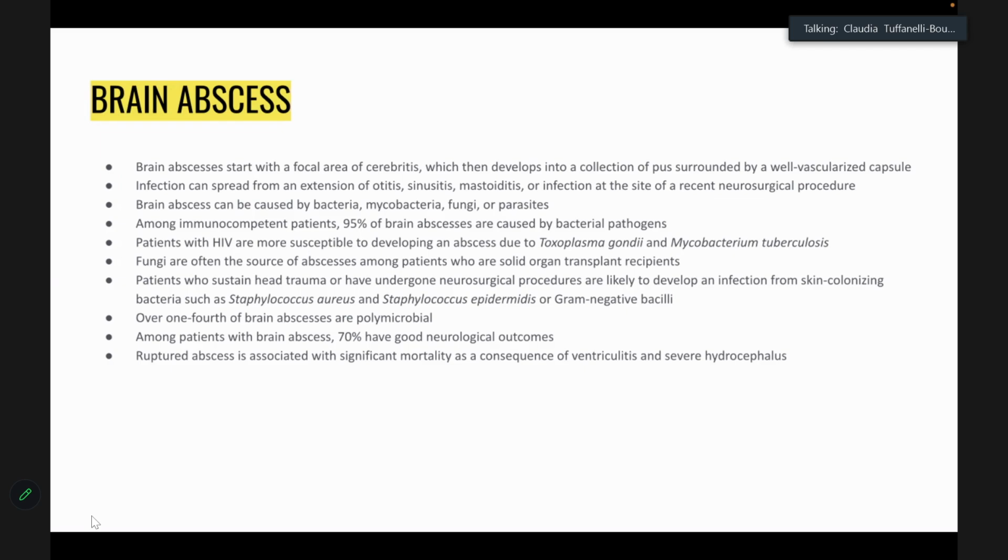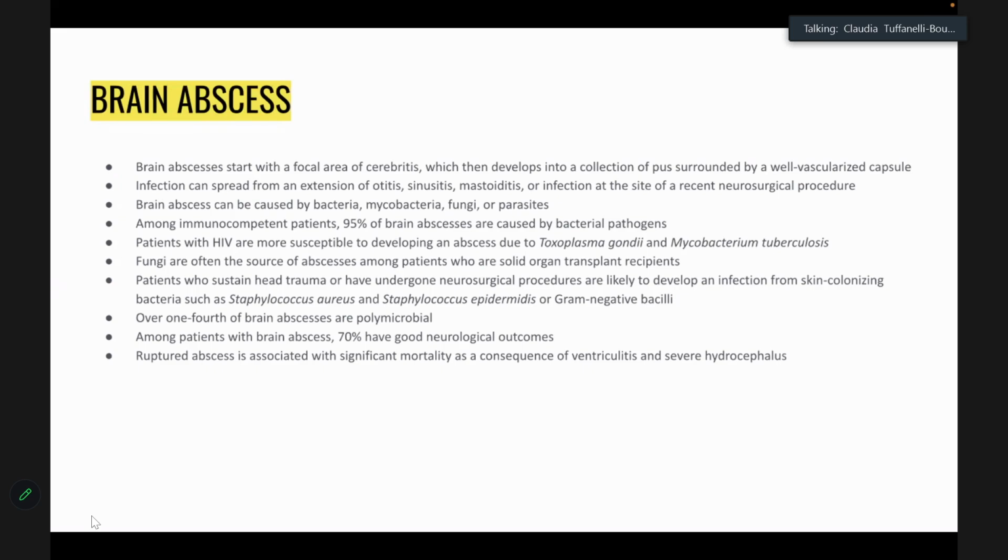Among immunocompetent patients, 95% of brain abscesses are caused by bacterial pathogens. So they're usually always bacterial if somebody's getting them. Patients with HIV are more likely to get abscesses from toxoplasmosis, Toxoplasma gondii, or Mycobacterium tuberculosis.